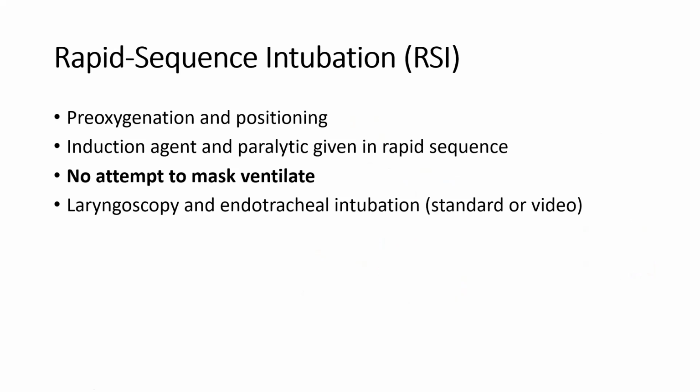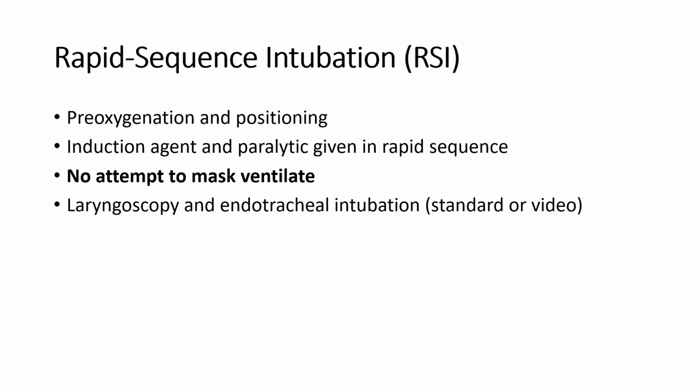We can use either direct or video laryngoscopy to perform rapid sequence intubation. So this is performed when we pre-oxygenate the patient, we induce anesthesia, and we don't mask ventilate prior to attempting to place the tube.